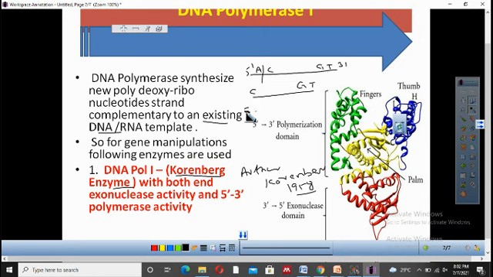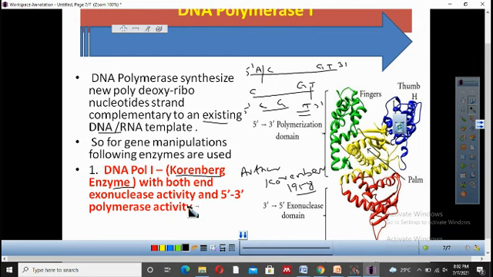So this is the 5 prime exonuclease. And suppose here it cuts, then it will be the CG, and then this is the T at the 3 prime. So that is called the 3 prime exonuclease activity.